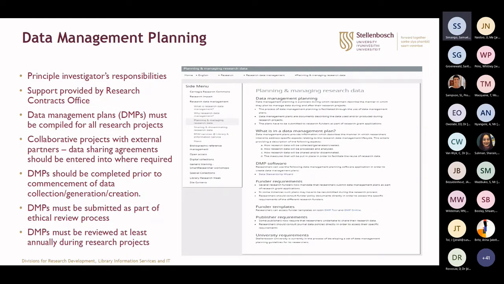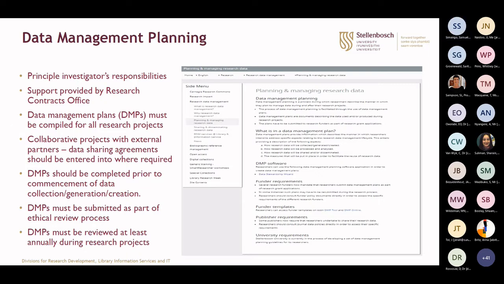It's also important that whenever a DMP is created, researchers factor in the costs associated with storage of the research data during the research project as well as afterwards, so that when funding requests are made, the costs associated with the data during the entire life cycle are accommodated.